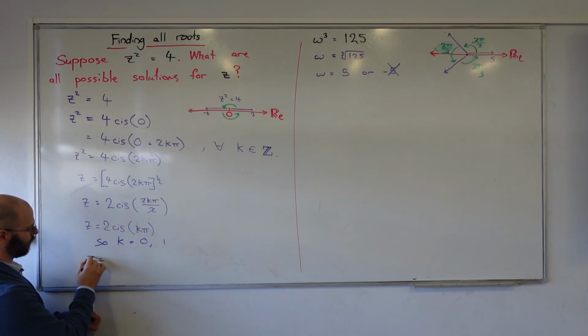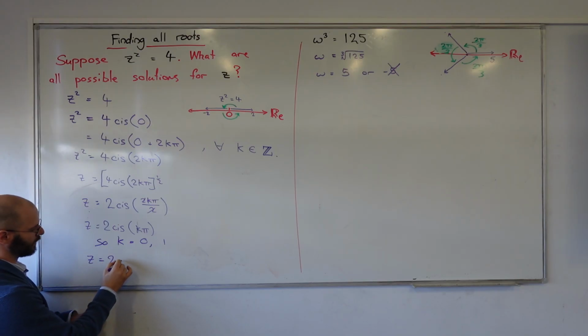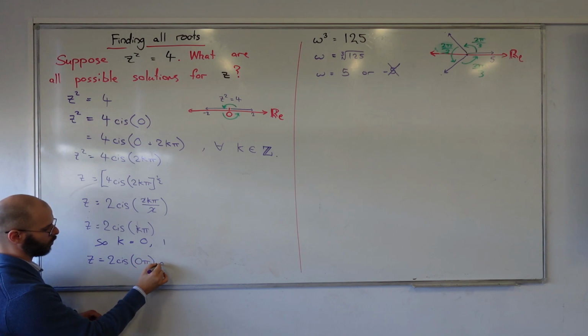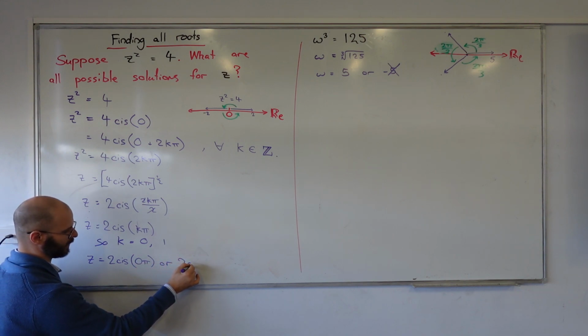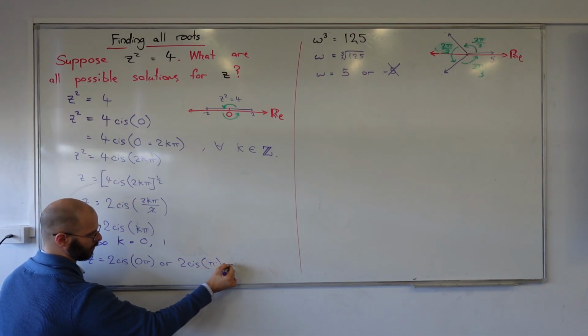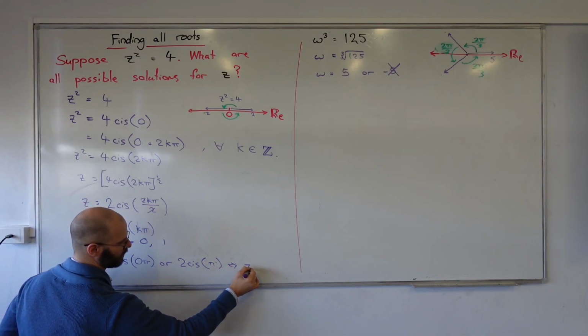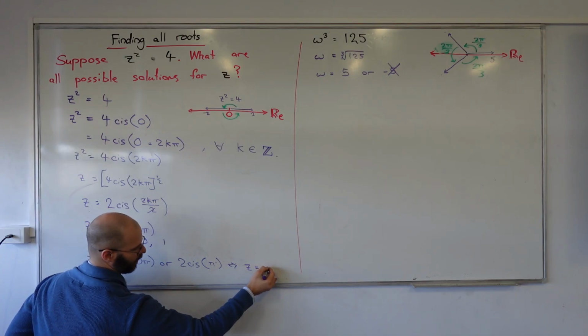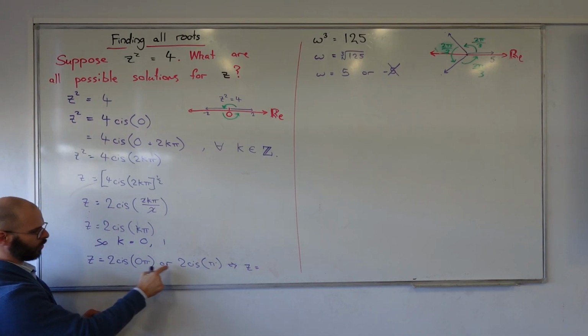When we do this, it will be 2 cis 0 pi or 2 cis pi. Hence, z is going to be 2 or negative 2.